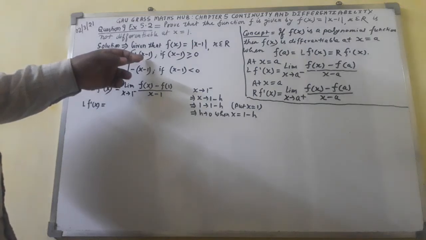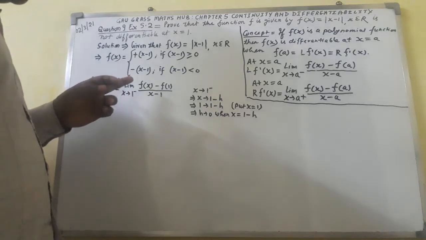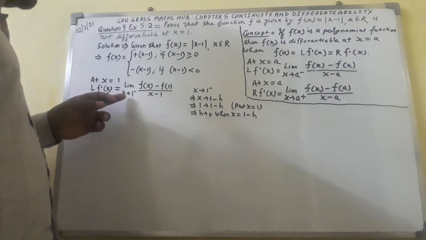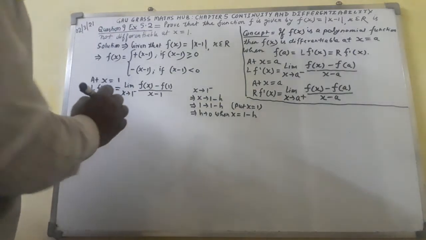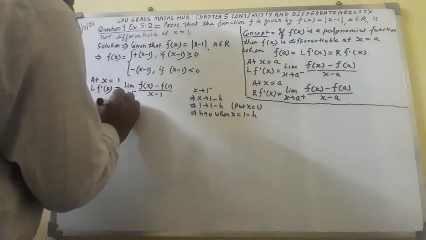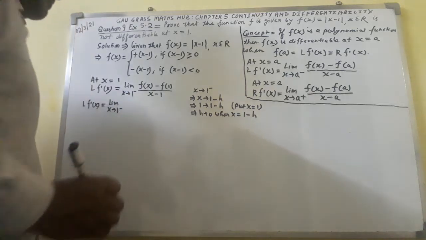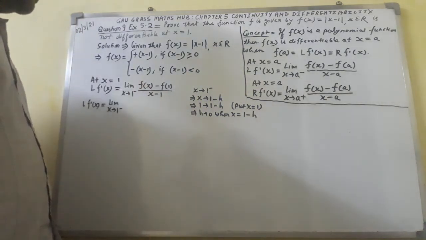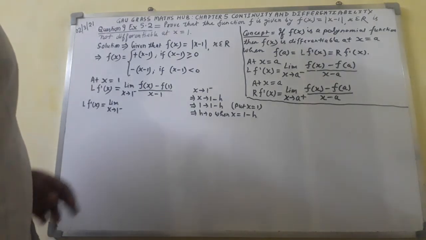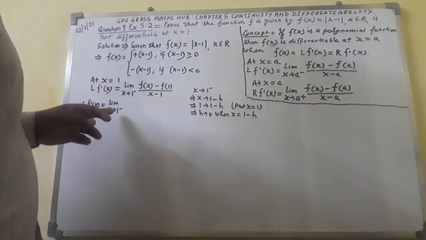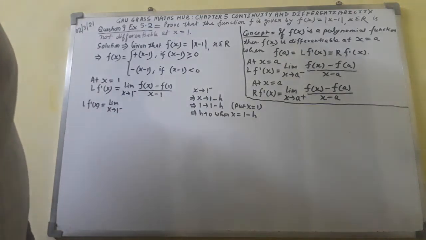From these two functions, we have to find out one function in which the value of x must be less than 1. So here I shall write lim x tends 1 of negative. In place of f of x, I shall take that function in which the value of x less than 1 is applicable.